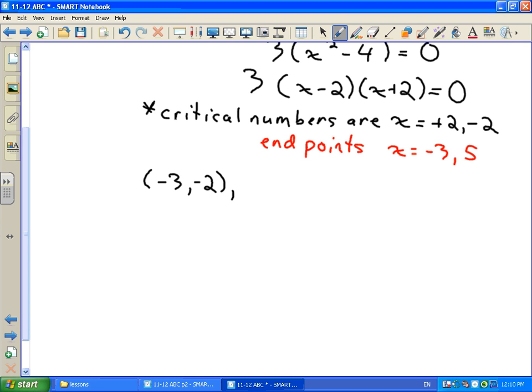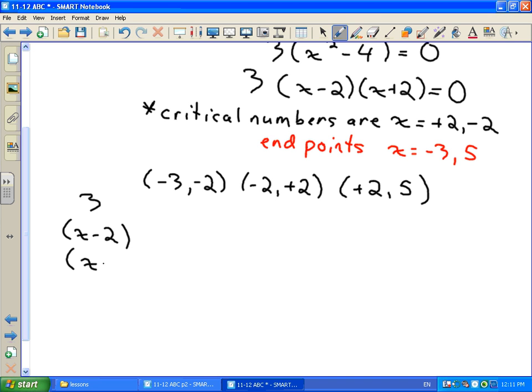Our next interval goes from -2 to +2. Then we have an interval that goes from +2 to 5. And we want to check the sign of each of our terms here in our first derivative. So we are checking the sign of f prime.